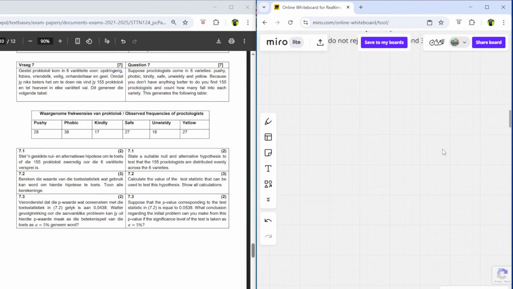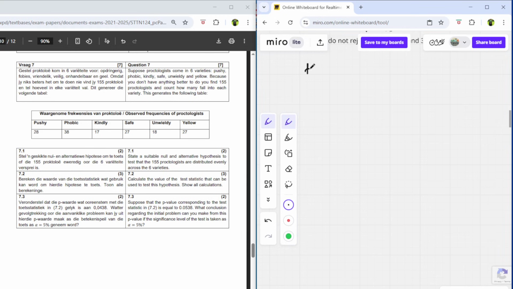This generates the following table of observed frequencies. Now state the suitable null and alternative hypotheses to test that the 155 proctologists are distributed evenly across 6 varieties.